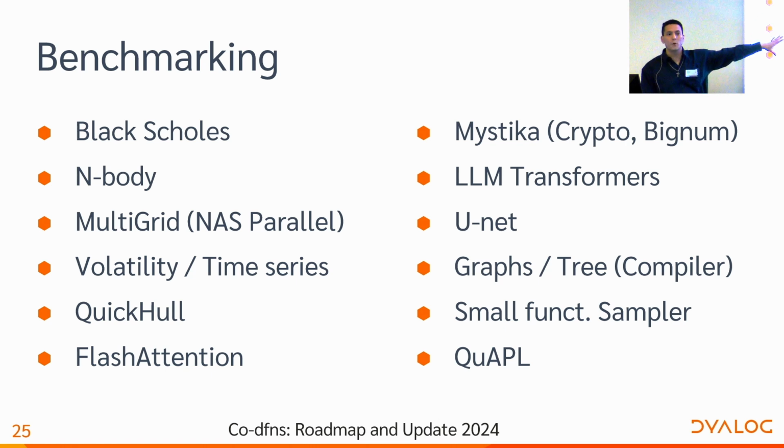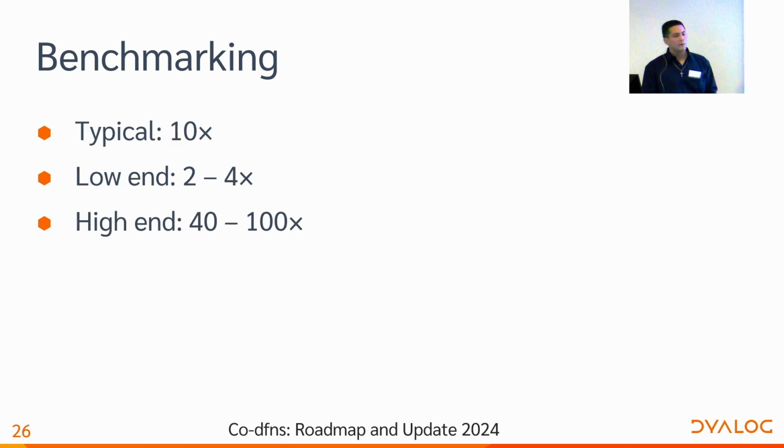And for some of these we've got a paper in the works that we're going to try to publish on the results of benchmarking those against both the interpreter and other array language solutions that are out there right now. Typically, compared to the Dyalog interpreter, we're seeing somewhere around 10x, with the low end usually being 2 or 4x performance, and sometimes when you get lucky, you can get way higher than that.